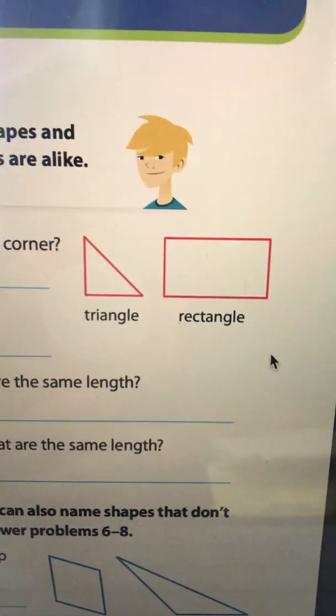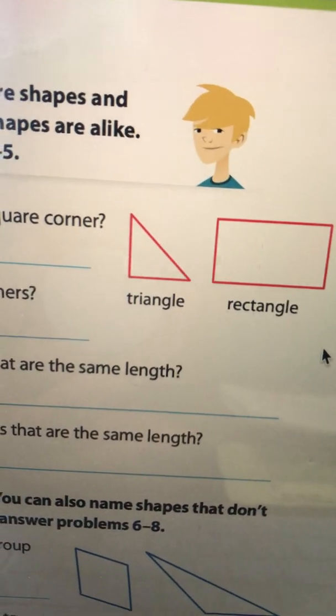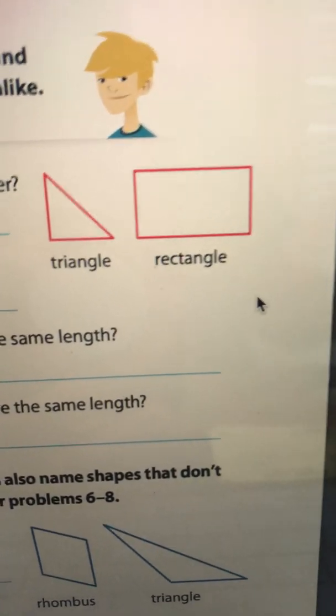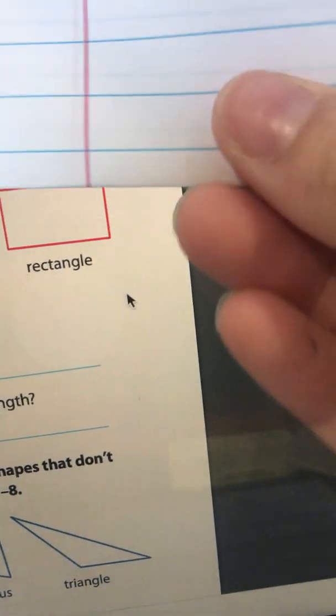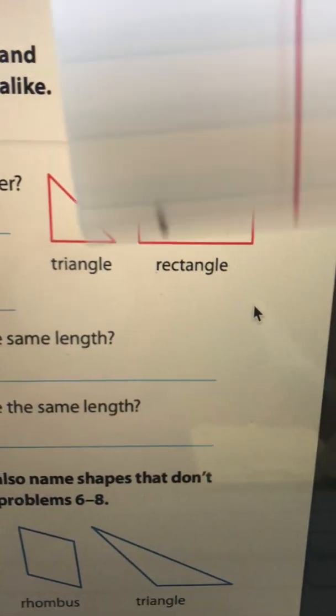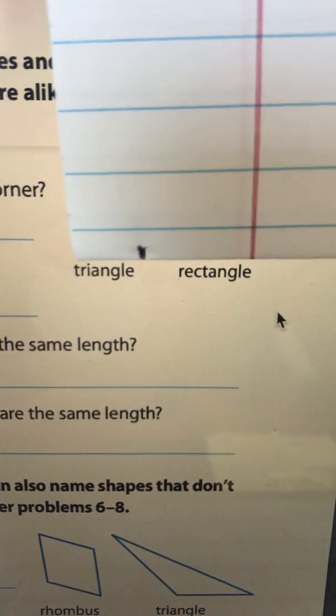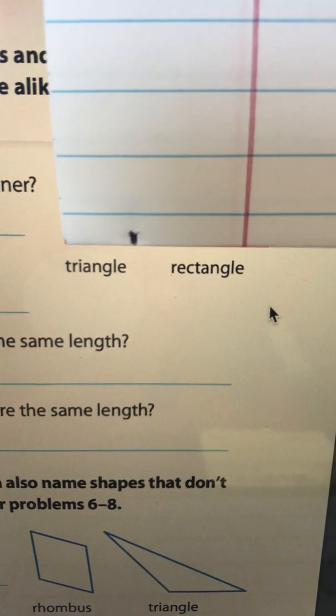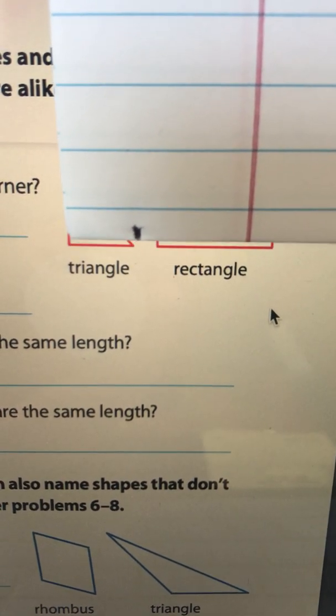So all I would have to do is lay it down and put a mark where the end of that triangle side goes. See how it's bending there? So I'm going to make a mark there. And that's going to be my measuring point since I do not have a ruler. Now I'm going to check this bottom side to see if it matches. You see how that's the same length? It goes right to the mark.